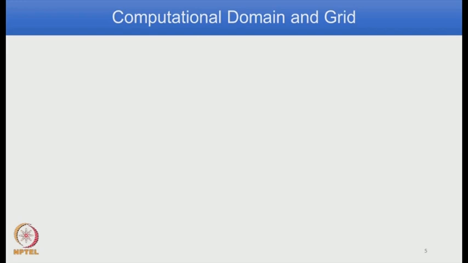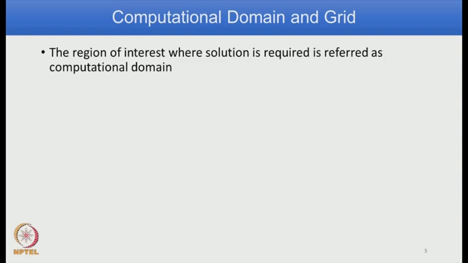We mentioned that the domain where you are solving needs to be specified, and this is known as a computational domain. By definition, it is a region of interest where the solution is required, and the extent of the domain is important. How far you are going in a particular direction is important.